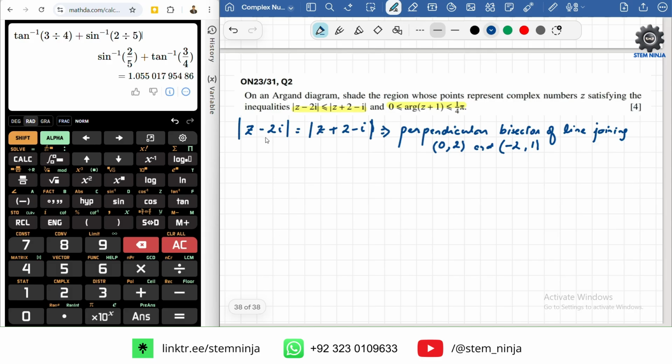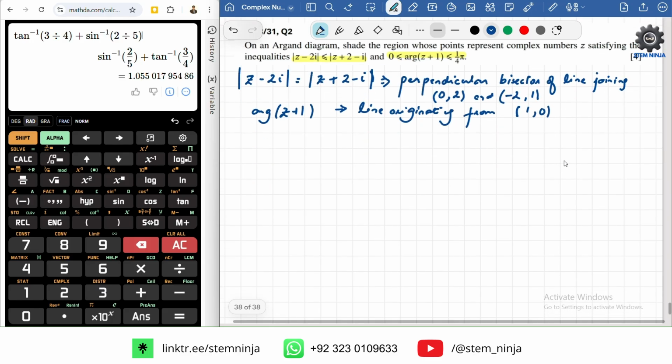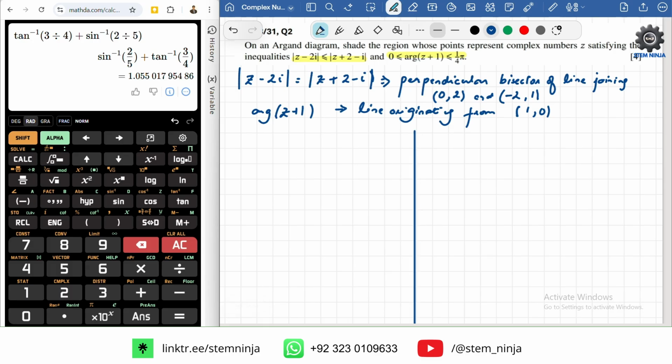So 2i means 2 is the y coordinate, and -2 and +1. And the other one is, for example, the argument of z plus 1, which means a line originating from (1, 0). Okay, (1, 0). Right. Okay. So let's try to do this.